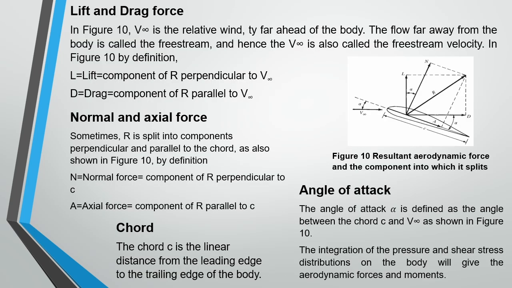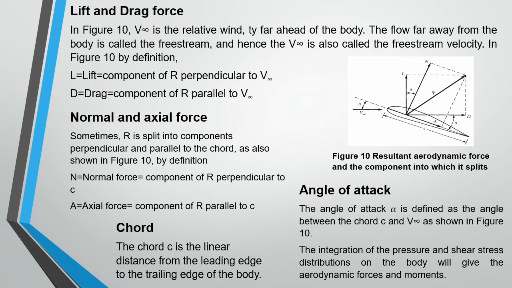Now we have two primary forces that are investigated in aerodynamics: lift and drag force. Firstly, we have V infinity, which is the relative wind. It is far ahead of the body, so the flow far away from the body is called the free stream, and hence V infinity is also called the free stream velocity.